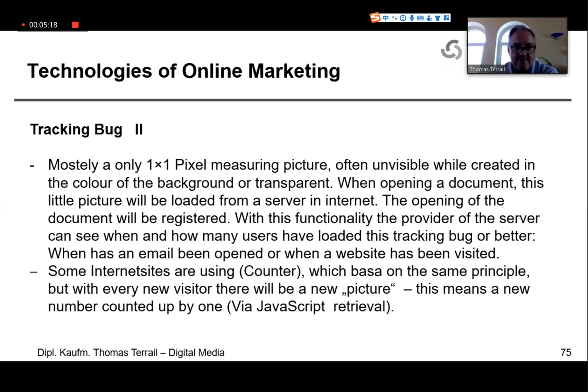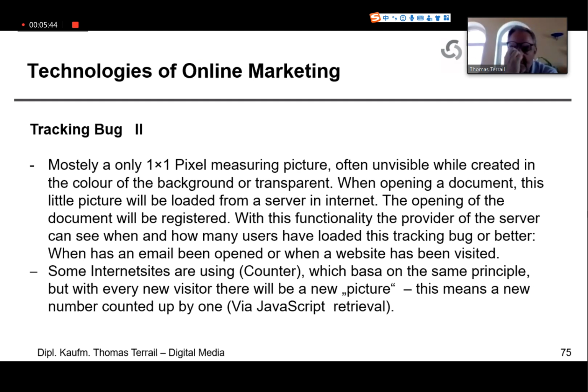Some internet sites are using counters. We have one auction portal here, called eBay, and eBay is also using counters. You can see how many people have been on this page with this product, how many people have seen that.